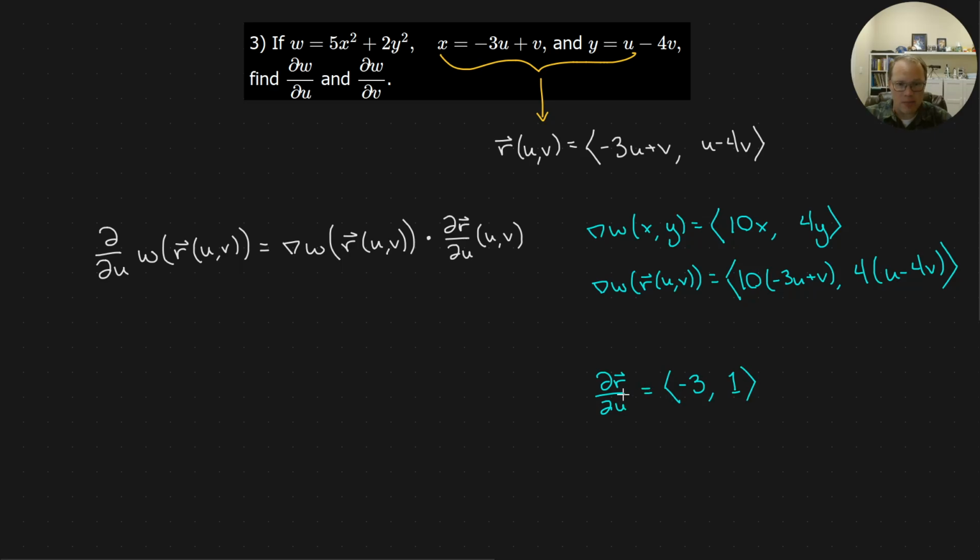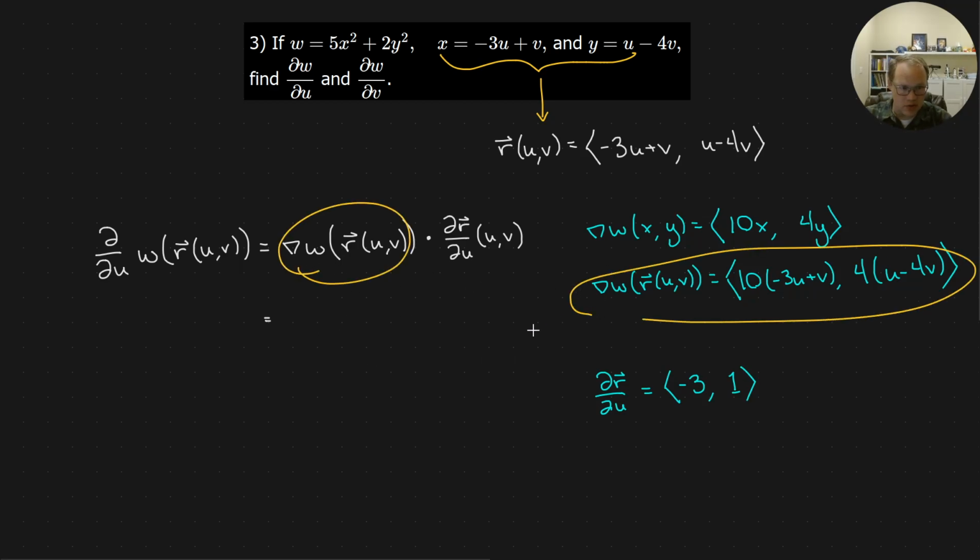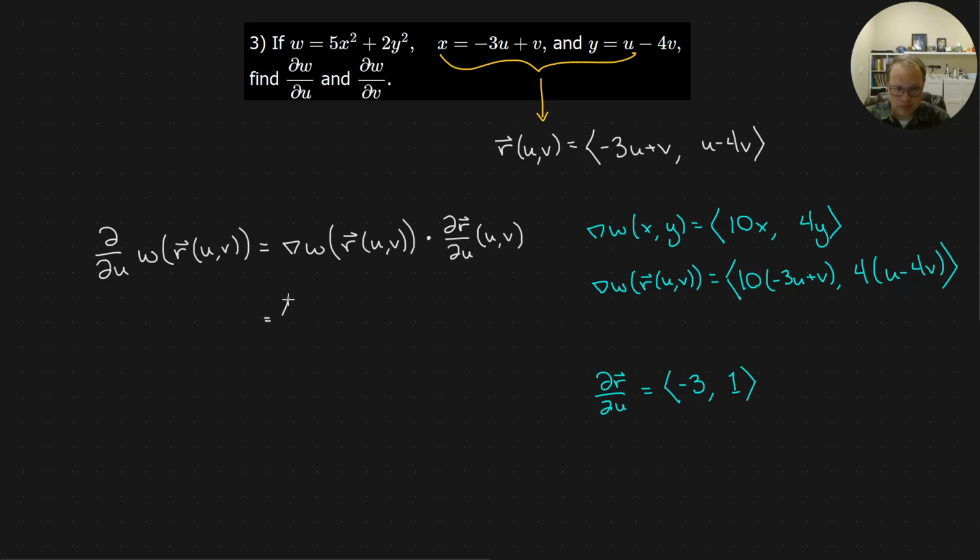Okay, so now I could plug these in. Let's plug in this first one. 10 times negative 3u plus v, comma 4u minus 4v. Then I'm going to take the dot product of that with this, negative 3, 1.